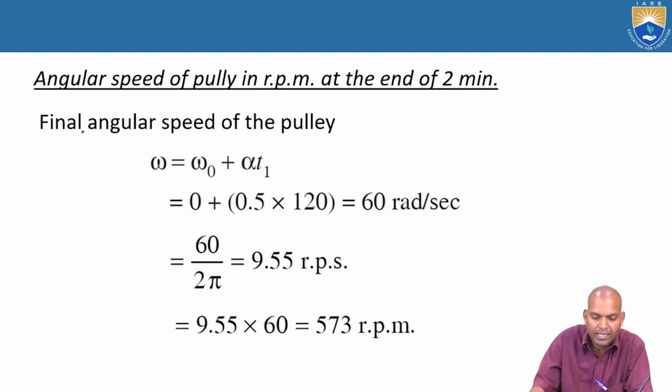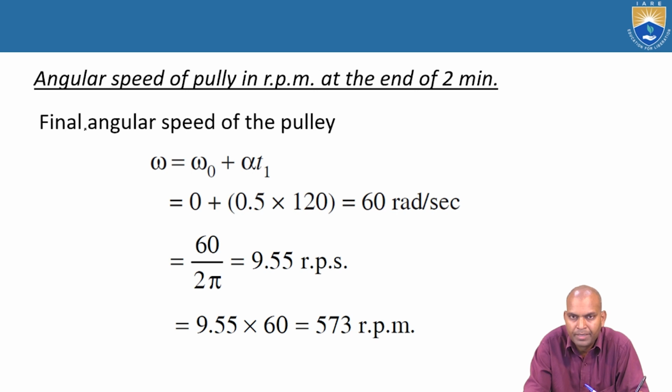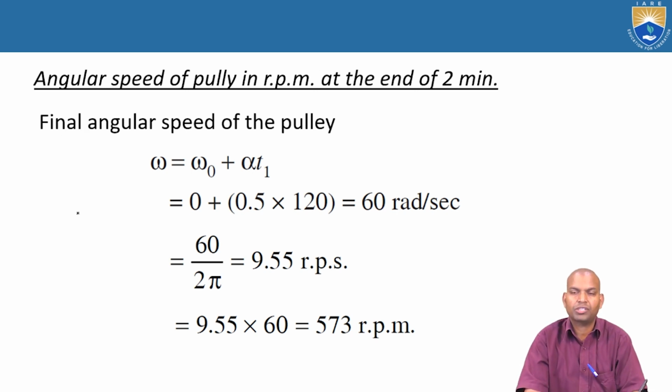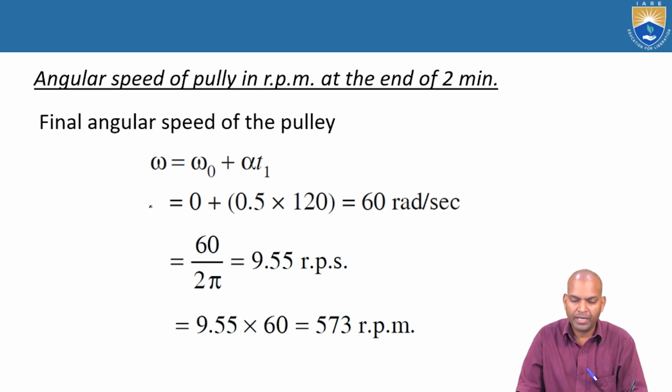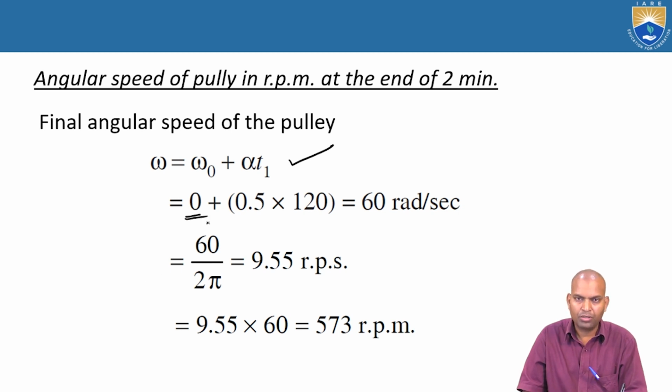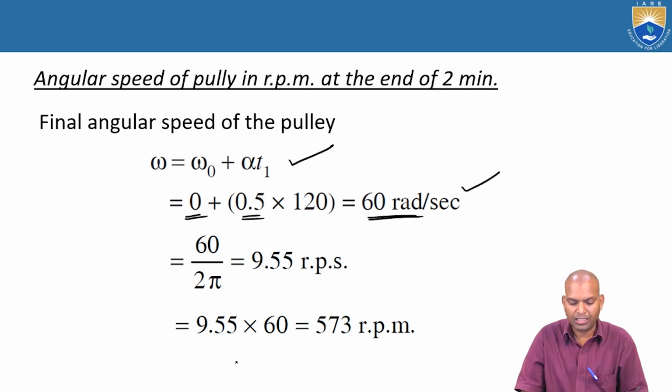Now, the angular speed of the pulley in RPM at the end of 2 minutes is the first objective. The final angular velocity omega equals omega naught plus alpha times T1. Omega naught is 0, plus alpha 0.5 times T1 120, which is 60 radians per second.